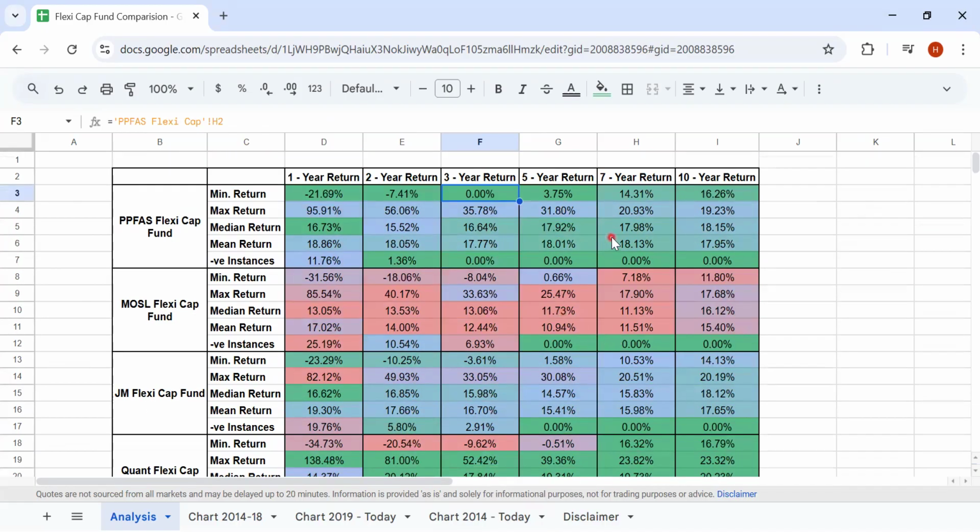When you are going for actively managed funds, you have to look whether these funds are suitable to you or not. It's not just about mean, median, maximum, or minimum returns. You have to see whether the thesis of the fund manager matches your thinking. Just because the median returns are high, or the maximum return is high, it doesn't mean you have to choose these funds.